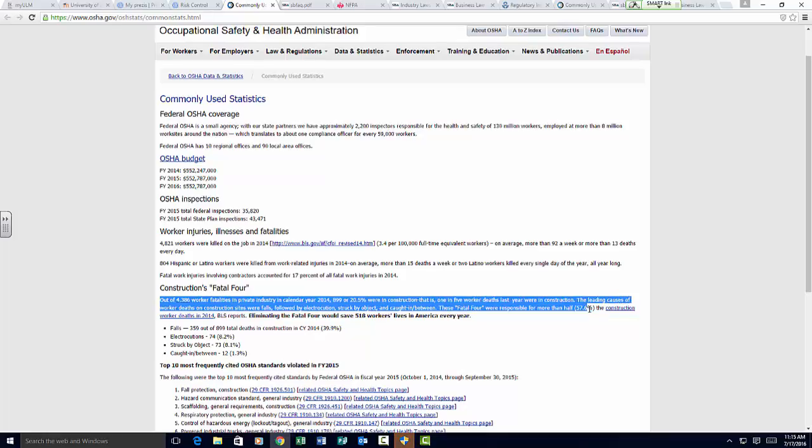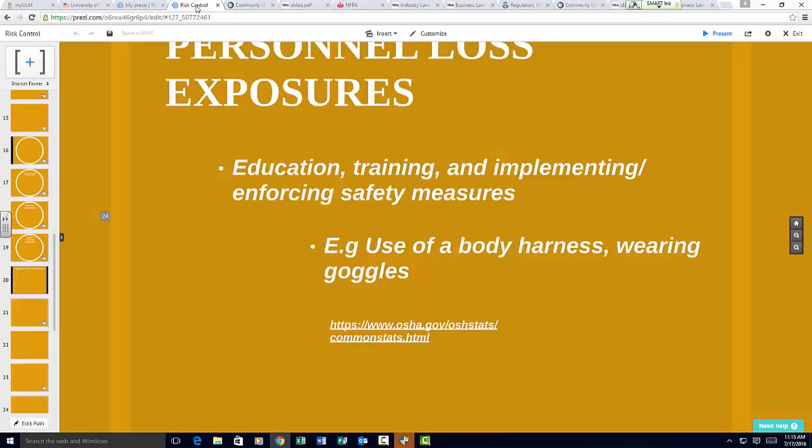And the leading causes of worker deaths were falls, electrocution, being struck by an object, and being caught in between. And these fatal 4 were responsible for the majority of those deaths. OSHA makes a strong argument for the fact that falls, electrocutions, being struck by an object, and being caught in between could have been prevented with relatively simple prevention measures.